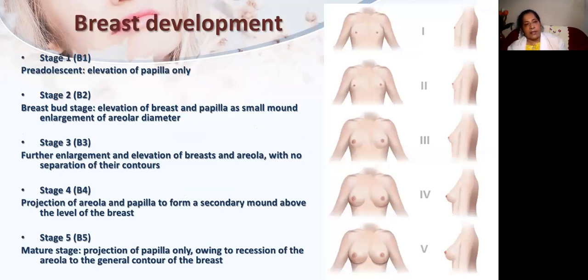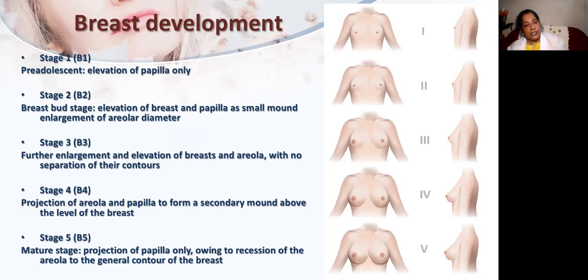Now, breast development. The Tanner stages of breast development can be divided into 5 stages. Pre-adolescent stage 1, in which there is elevation of papilla only. Stage 2 is the breast bud stage, elevation of breast and papilla as a small mound, enlargement of the areolar diameter.